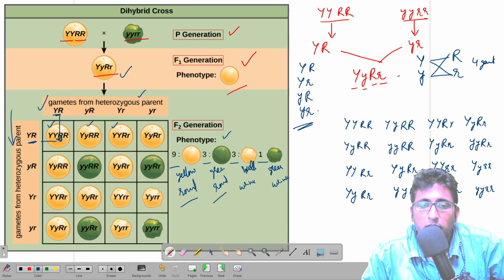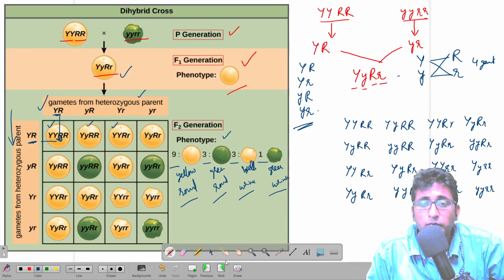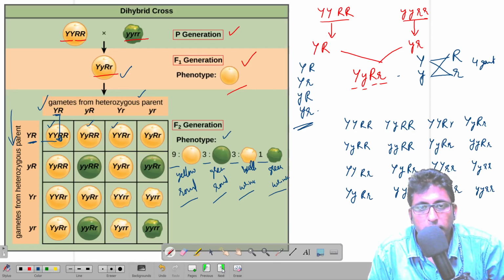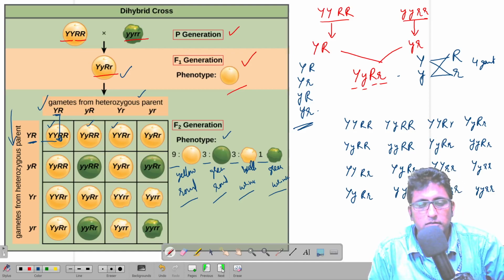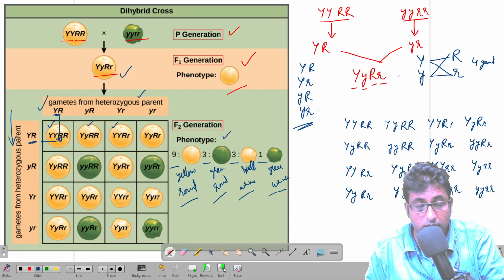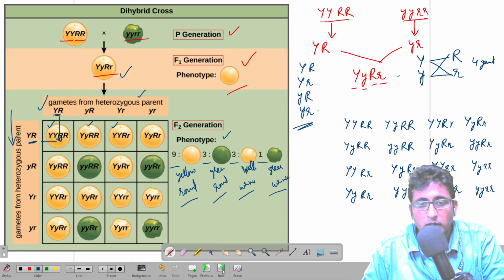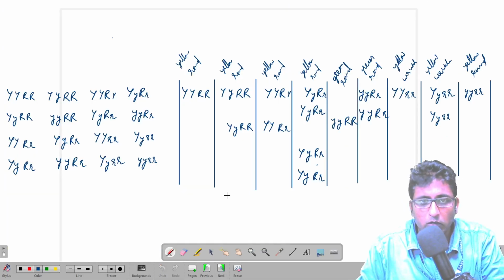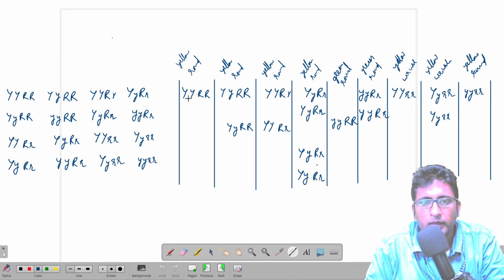This is when the whole ratio will become much more sensible. So if we are going to make a genotypic ratio, that is going to get a little more complicated, and memorizing the ratio again is not as important as it is to be able to derive it. So I have already worked it out so that it will be easier for me to explain.